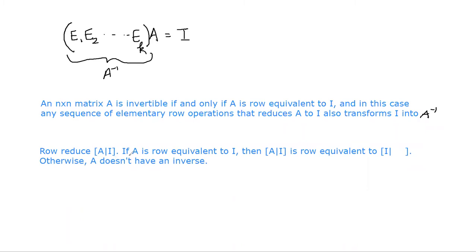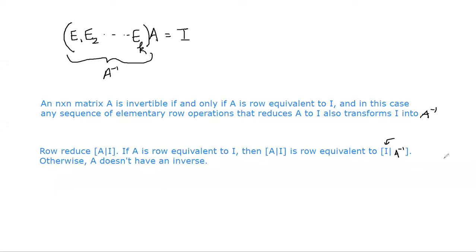And then if we do row operations and can get A down to the identity matrix, then A is invertible. And that reduced augmented matrix will give us A inverse in the augmented side. If we don't get the identity matrix here, then A isn't invertible.